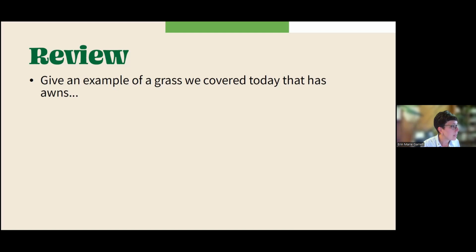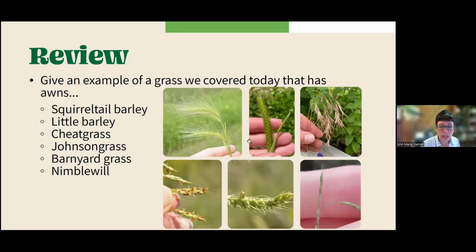Got some coming in. The squirreltail, our timothy, our little barley. Excellent. We had quite a few. Okay, the cheatgrass, remember that one? Nimblewill, barnyard, sometimes, not always. Johnsongrass, again, sometimes, not always. Excellent.